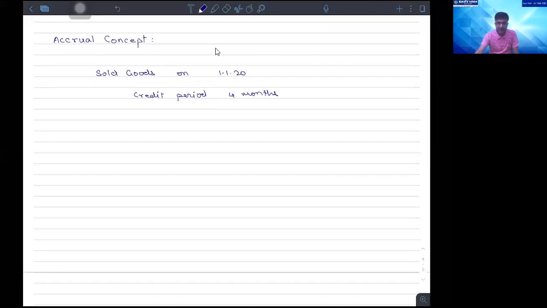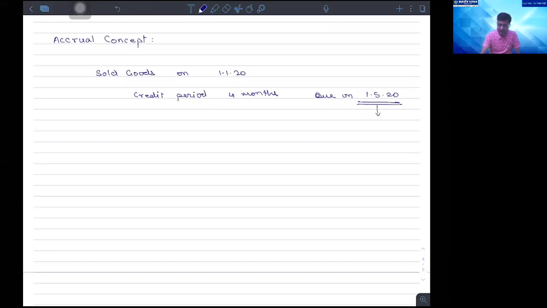The amount receivable will become due on which date? Due on February, March, April, May. 1st May 2020. ये कोई bill of exchange नहीं है जिसमें तुम 3 grace days add करोगे. Right? So forget about that. 1st May 2020 is the due date of this.